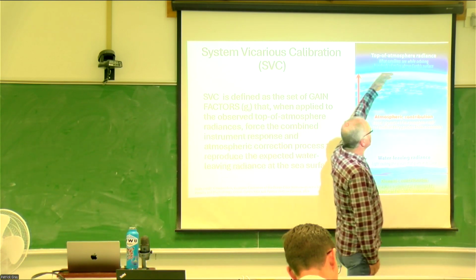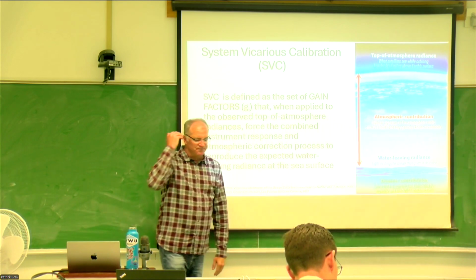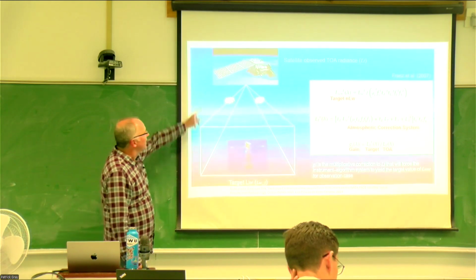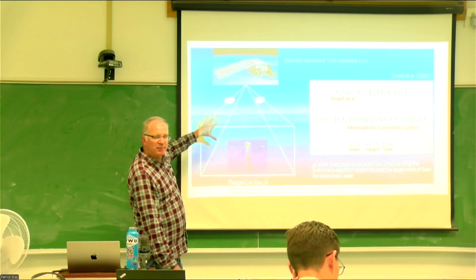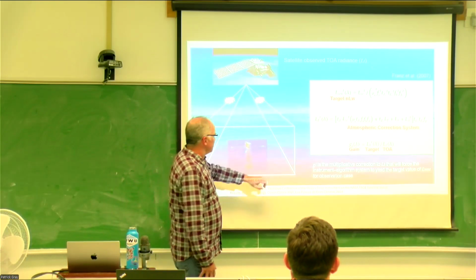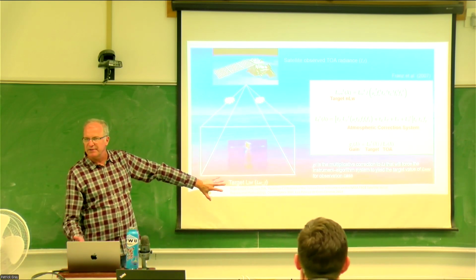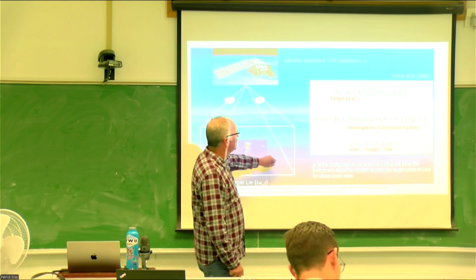Again, that light's up here. This is the light we want. So again, satellites up here. Here's my HyperNav. Here's this atmosphere. This is our target. This is what we're trying to match: the water leaving radiance in the ocean at some space and time.